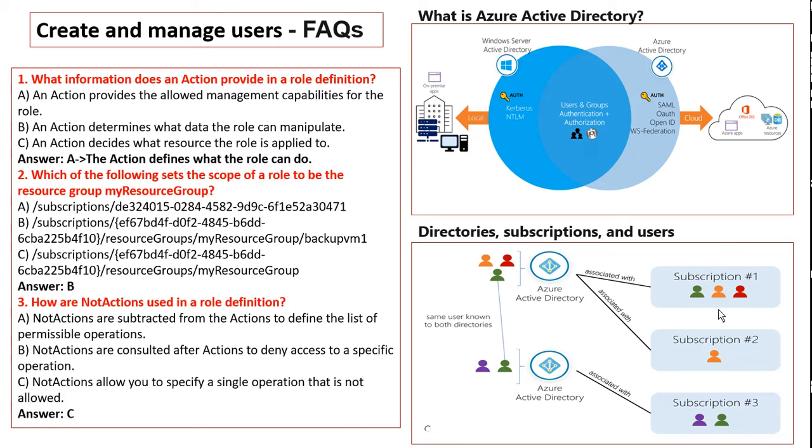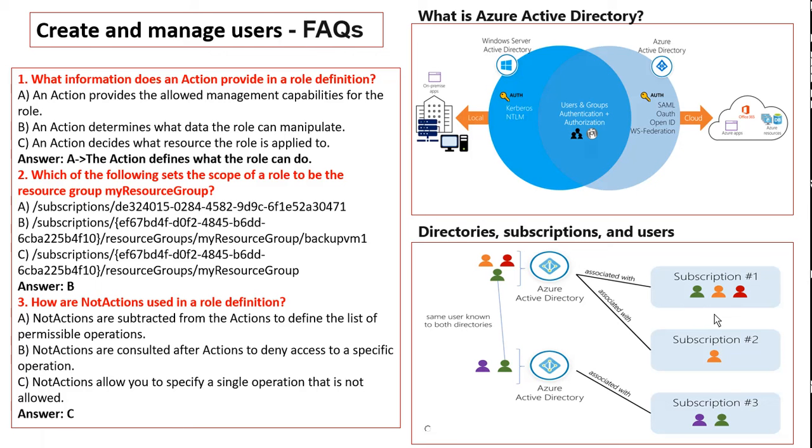You need to create virtual machines, create a network, and you might be creating relational data services, databases. Those kinds of services are given to him. So the action in a role definition defines what the role can do. Here the role is going to do these three kinds of actions in the cloud setup.